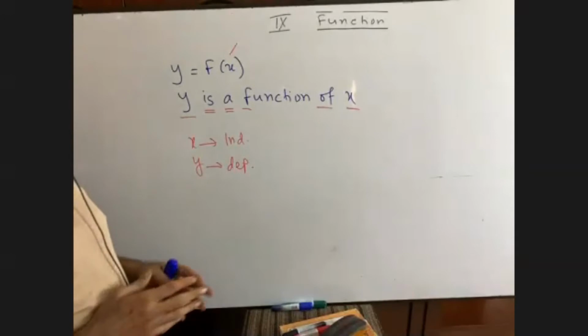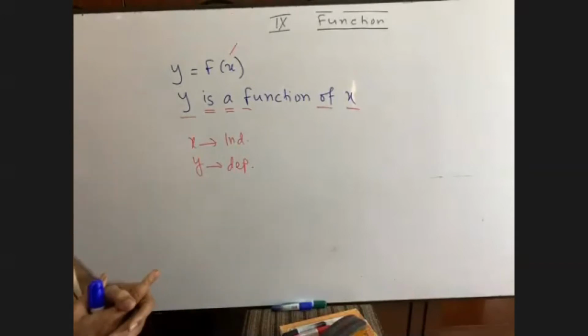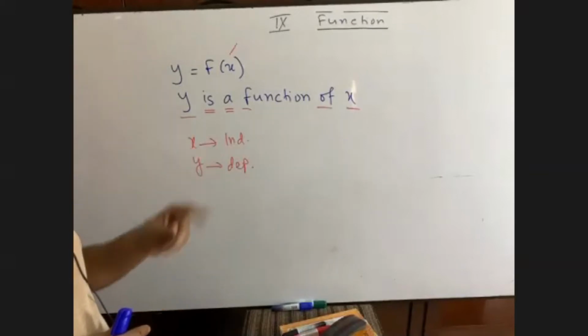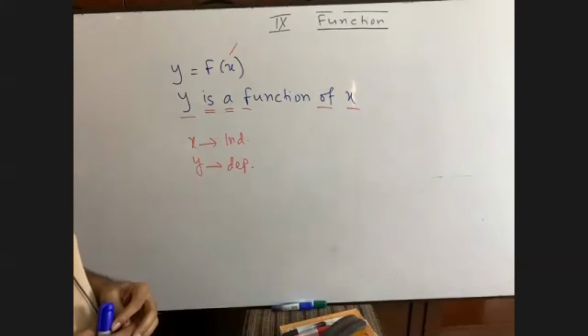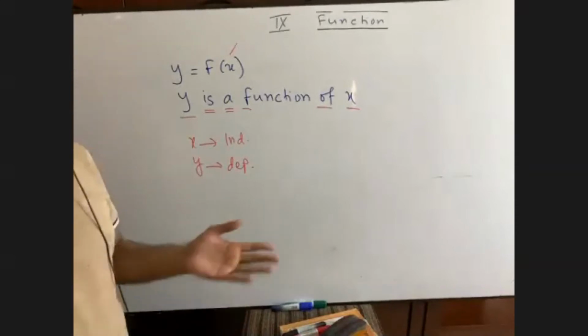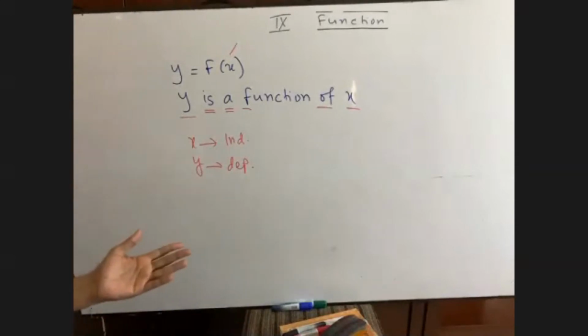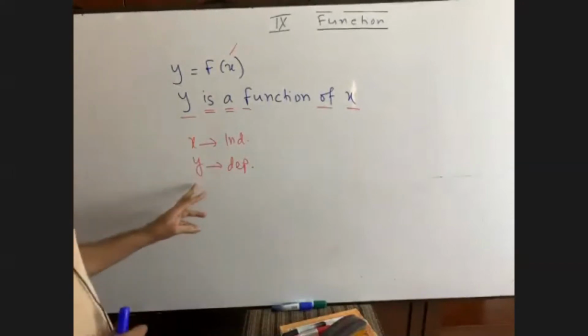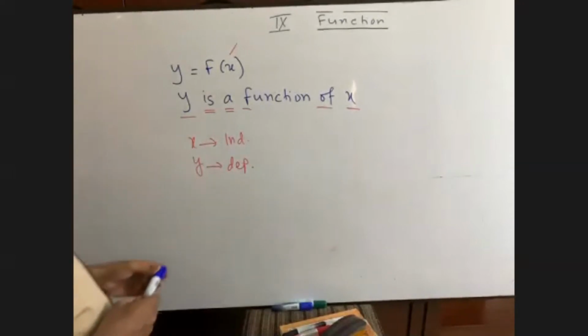What you let x be, upon that y will depend. You were told that for x you can let whatever you want. Can you remember? So x is called independent, y is called dependent.